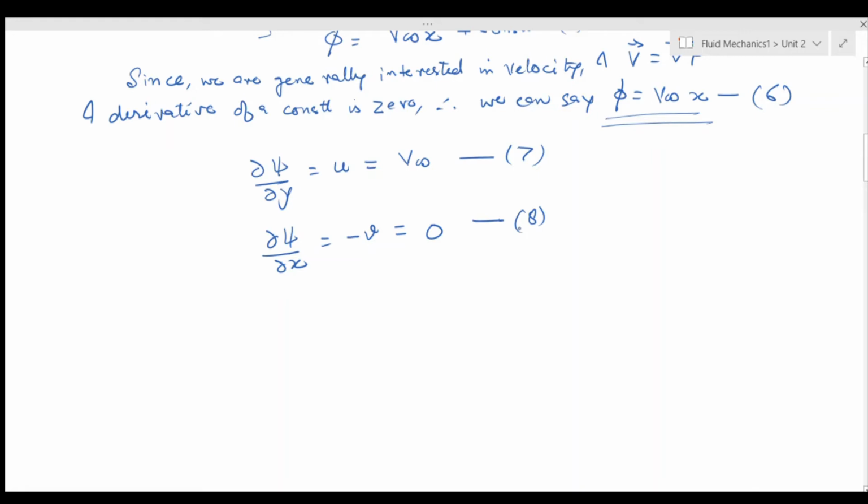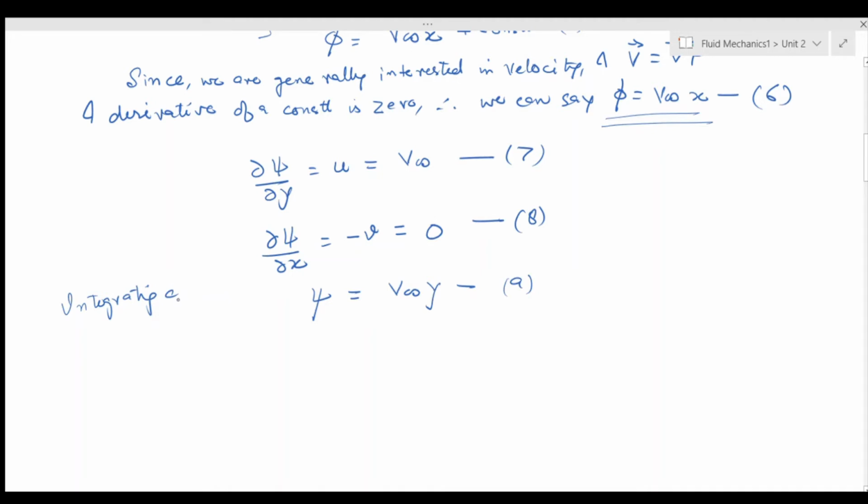If I do the same thing which I did before, that I integrate equation 7 with respect to y and equation 8 with respect to x, and then compare them, I would find finally that my stream function psi would come out to be v infinity times y. How did I get that?